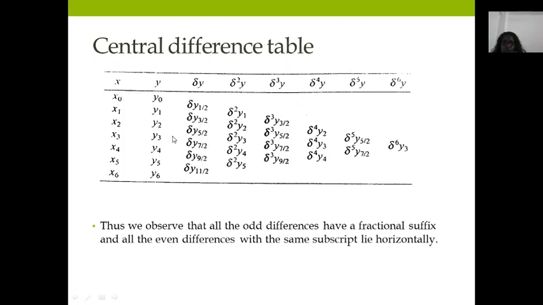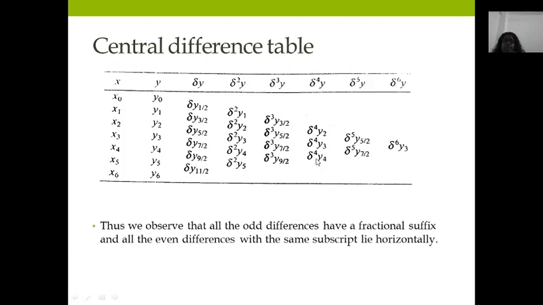Similarly for y4, on the same horizontal line you can see del square y4, and again on the same line del raised to 4 y4. It is just an observation, not very significant, that all the even differences with the same subscript lie horizontally.